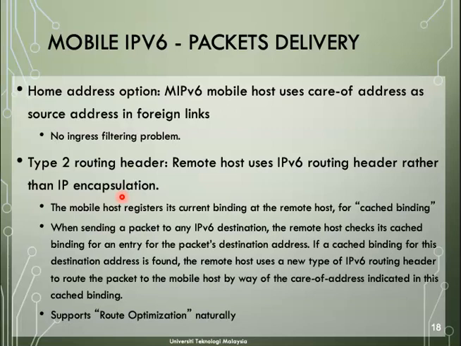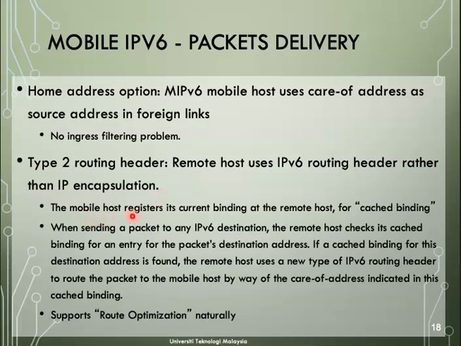And the mobile host care of address is inserted into the IPv6 destination address field. Once the packet arrives at the care of address, the mobile host retrieves its home address from the routing header, and this is used as the final destination address for the packet.